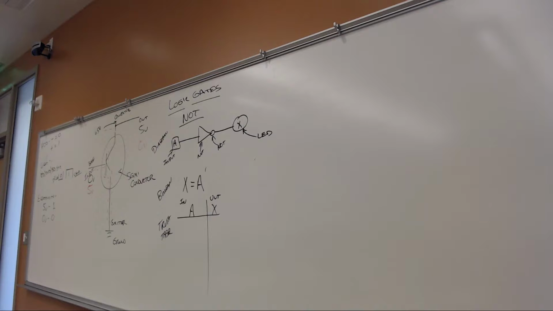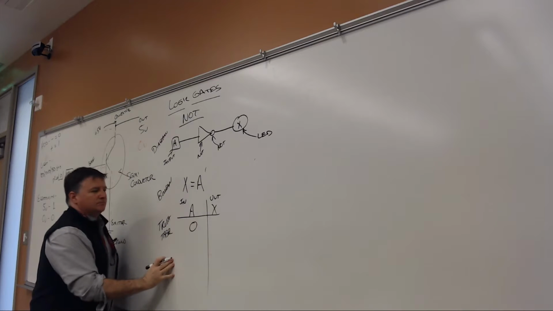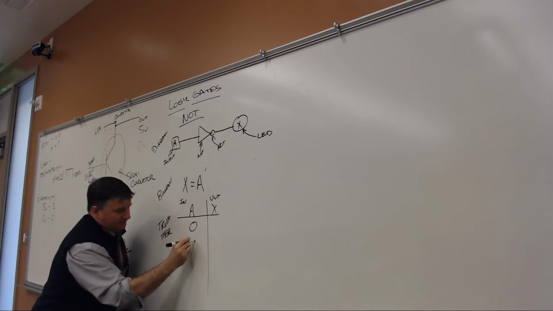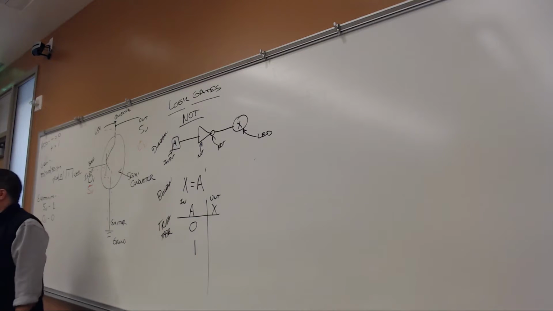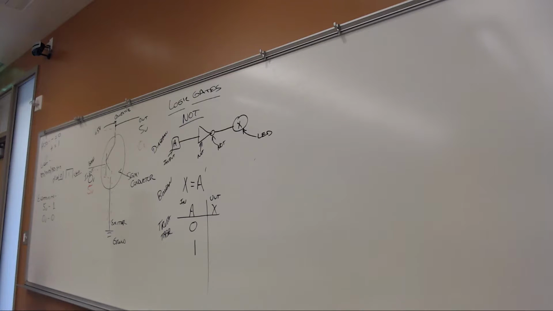We're in binary. Each input can either be on or off. That's it. So I'm going to start at 0, and I'm going to put the other state, which is 1. This particular gate has one input. So 2 states. 2 to the number of inputs. 2 to the 1 is 2.